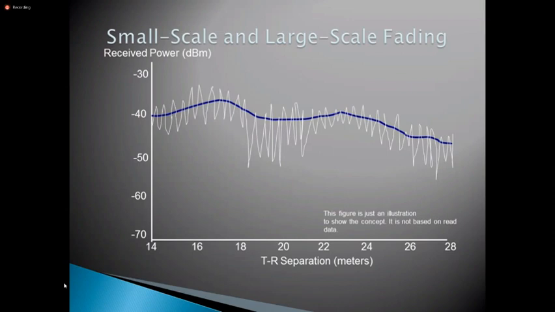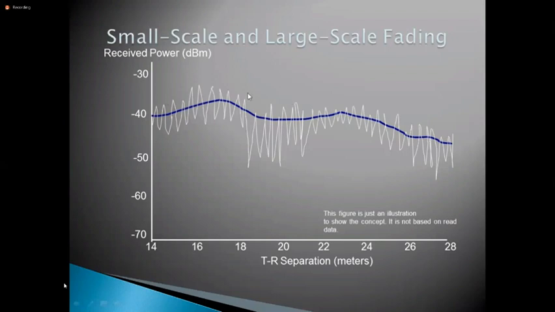Okay, so what I was talking about is small scale and large scale propagation models. Small scale fading means the signal fluctuates rapidly due to smaller changes in the distance of the receiver.